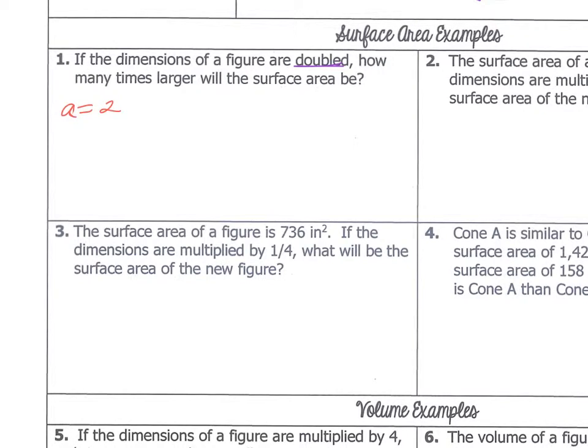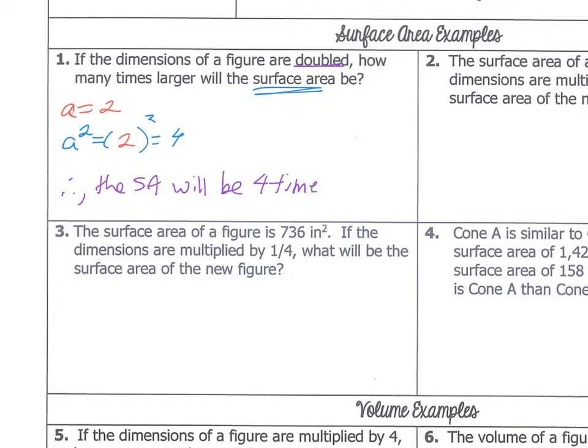And if we're looking at surface area, won't I be looking at A squared? So A squared is going to be 2 squared, which is 4. That means, therefore, the surface area will be 4 times larger.